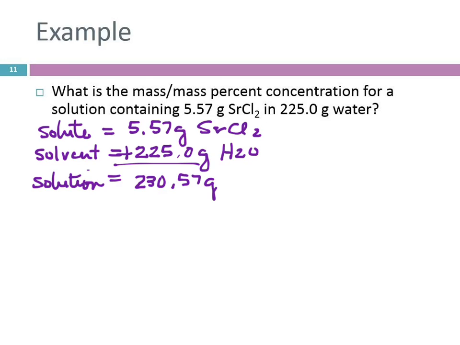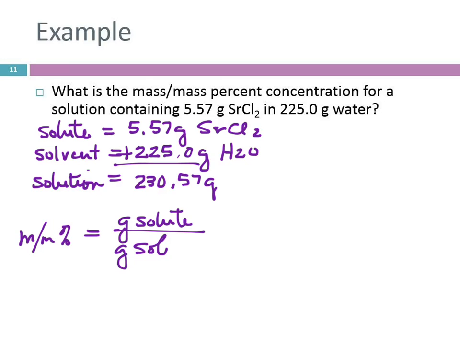So the mass percent then, oh, I should probably write it the way they do it. Mass percent equals the grams of solute divided by the grams of solution times 100%.